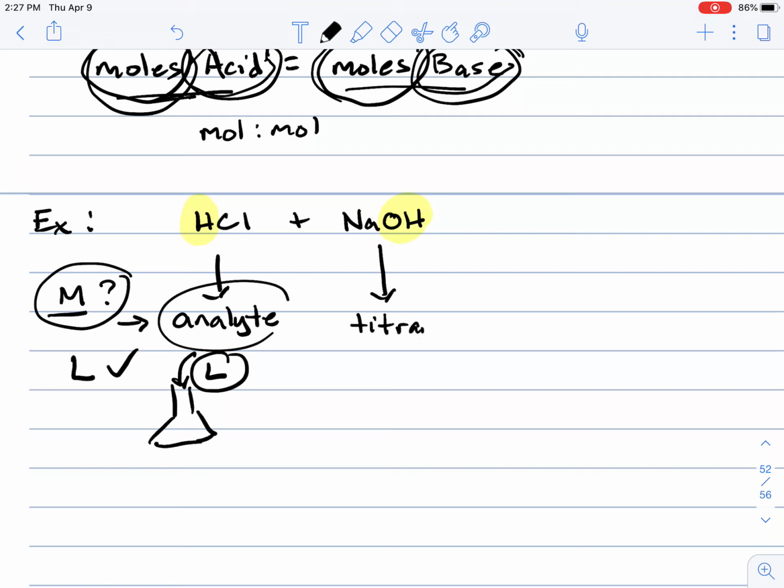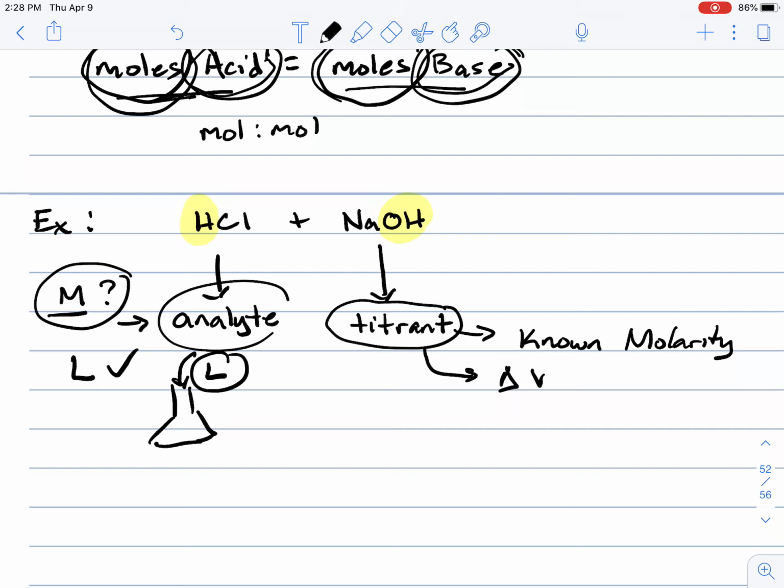So that's going to be found inside the burette. And since it's found in the burette, that implies that we do know the known concentration or molarity. And since our burette is graduated, we can determine the change in volume, and that's going to equal the volume used.